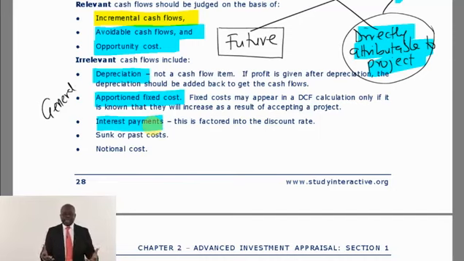Interest payment is irrelevant. There's an argument in here, so let me try and clear it for you. We all said that the relevant cash flows should be the cash flows that are incurred as a direct consequence of undertaking the project. If I have to finance that particular project and I go in for a loan, I would have to pay interest. So that interest is incurred as a direct consequence of that particular project.